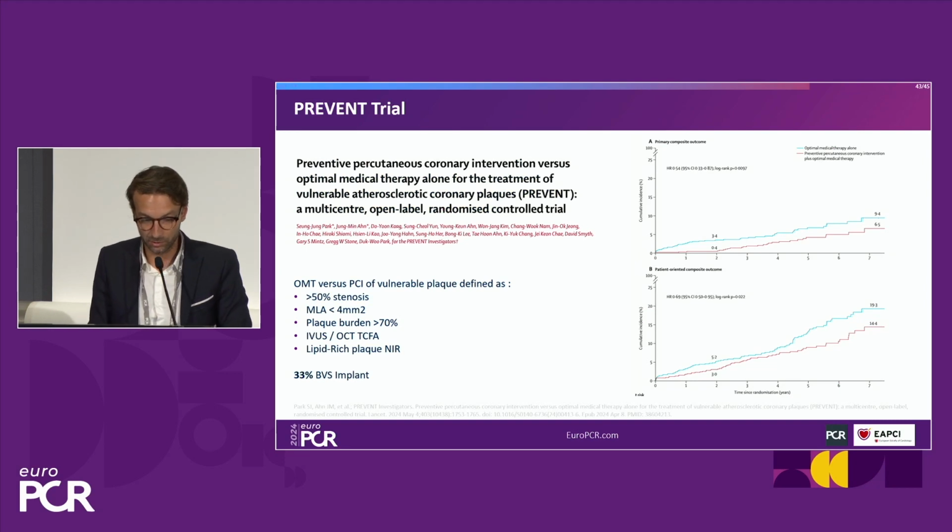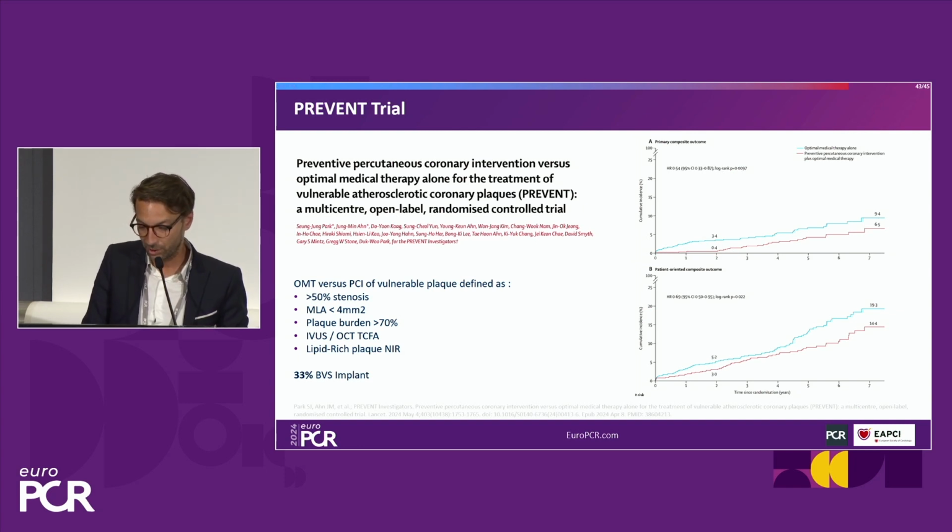So I couldn't leave this session without talking about the PREVENT trial that was presented at the AHA 1 month ago. They were interested in the non-culprit, functionally non-significant but vulnerable lesion, defined as 2 criteria among MLA below 4 square millimeters, plaque burden over 70%, thin-cap fibroatheroma assessed by IVUS or OCT, or lipid-rich plaque by NIRS spectroscopy.